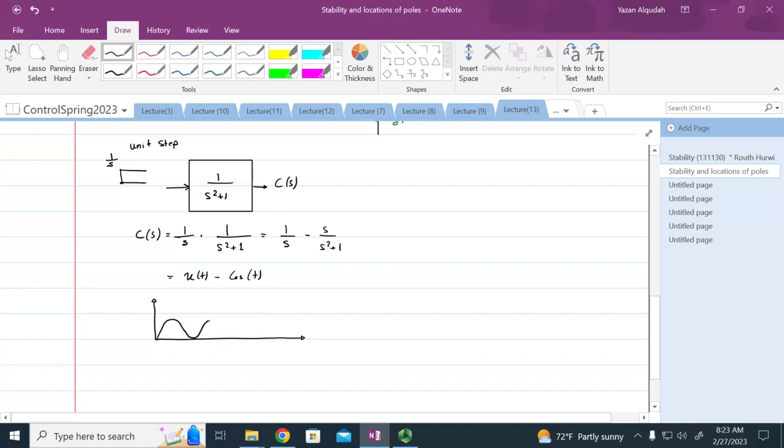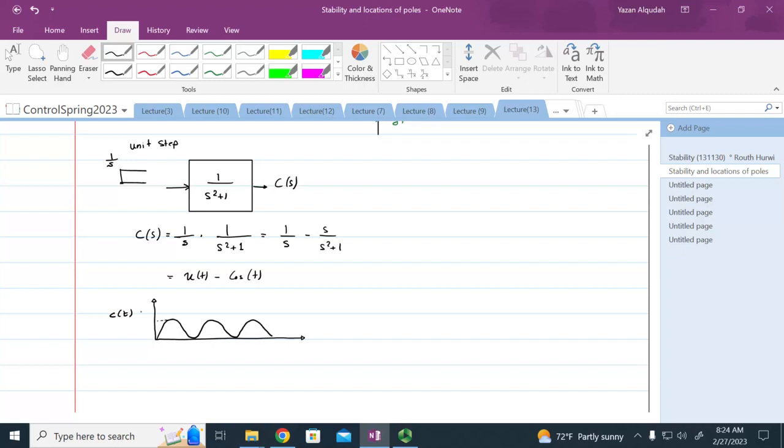It's going to look something like this. This is C of t. Is this bounded or not bounded? Bounded. It has a maximum value, and it does not exceed it. So if it was only for input like this, we'll call this stable.